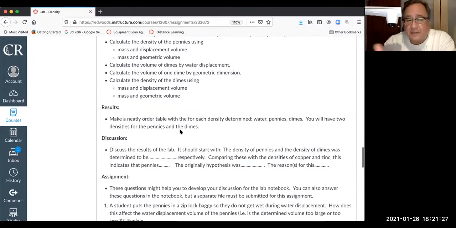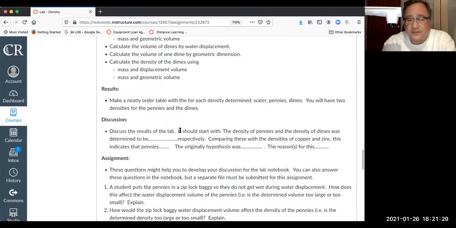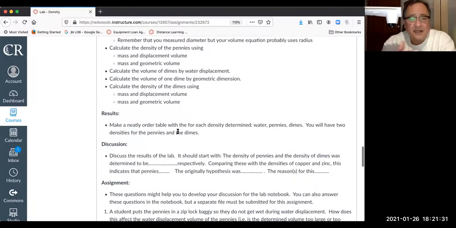And then for the results, we make a table. And for the discussion, we discuss our results. It says, discuss the results of the lab. It should start with the density of the pennies and the density of dimes was determined to be blank, respectively. Comparing these with the densities of copper and zinc, this indicates that pennies are mostly copper and dimes are mostly zinc, if that's what it indicates.